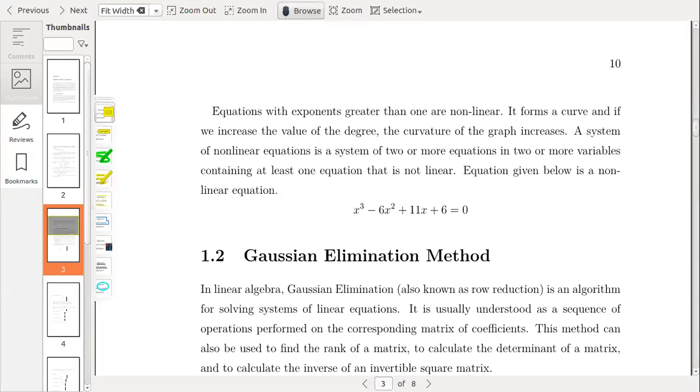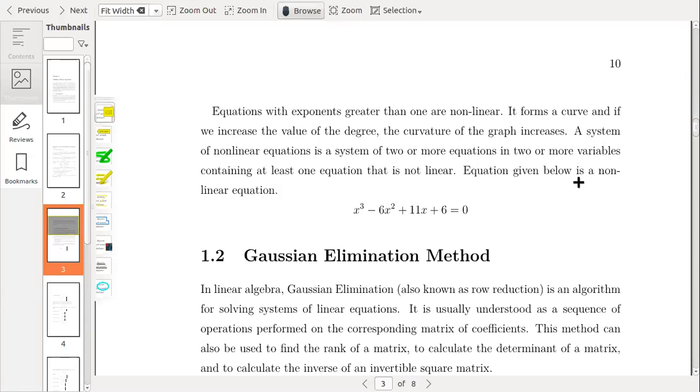Okay, so the nonlinear equation impacts the system more than the linear equation. So if we have a system of five equations and four equations are linear and one is nonlinear, then we will say that this is actually a system of nonlinear equations.